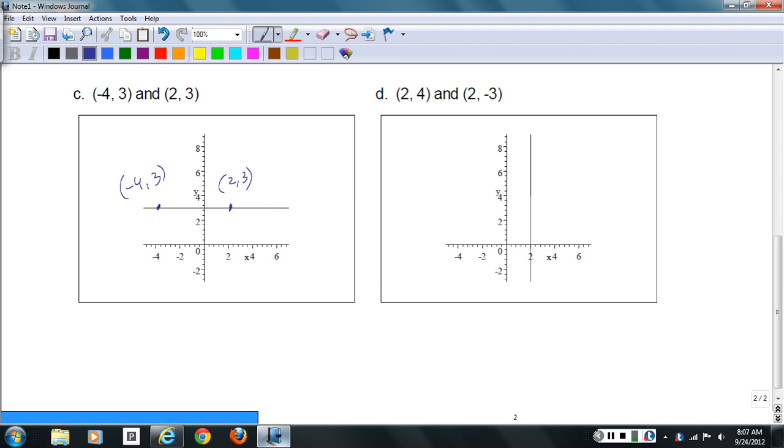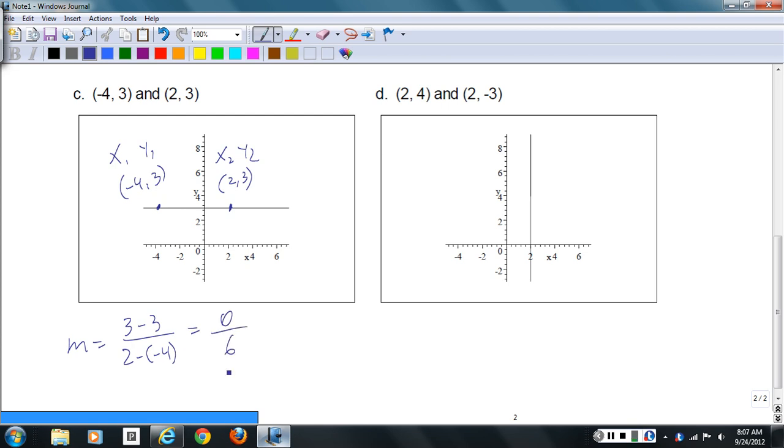It's a horizontal line. If we use the slope formula, call one of the points x sub 1, y sub 1, and call the other one x sub 2, y sub 2, the slope formula would have us write 3 minus 3, the 3 on the right minus the 3 on the left, over 2 minus -4, 0 divided by 6.